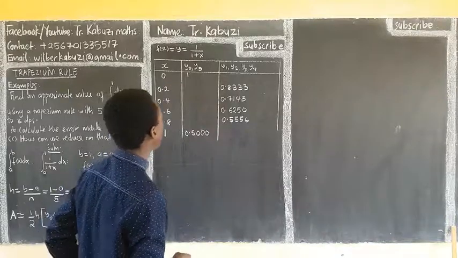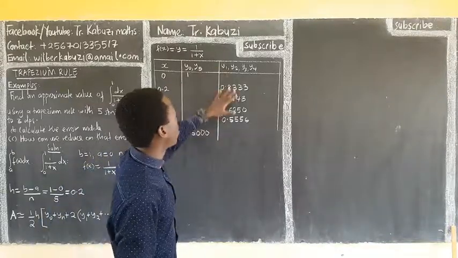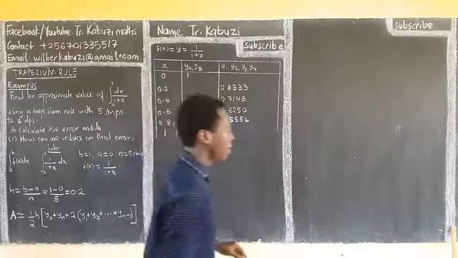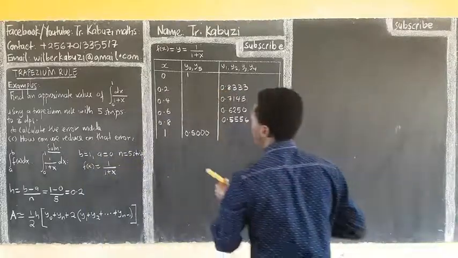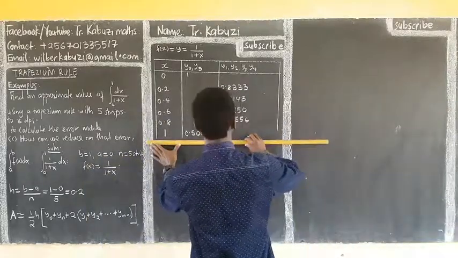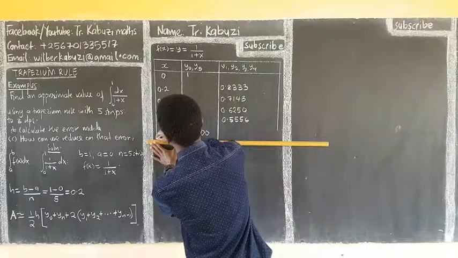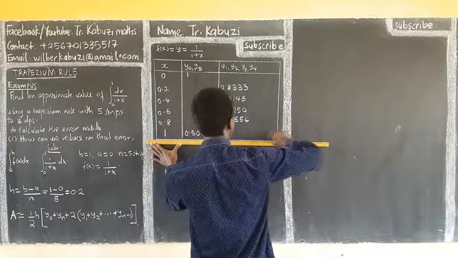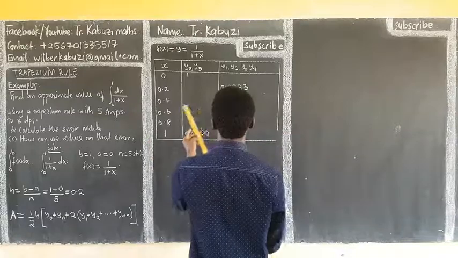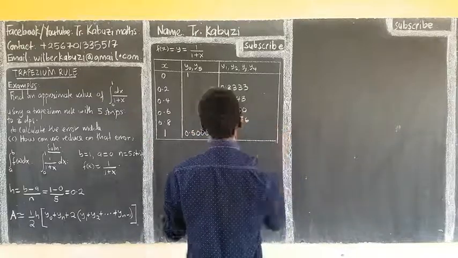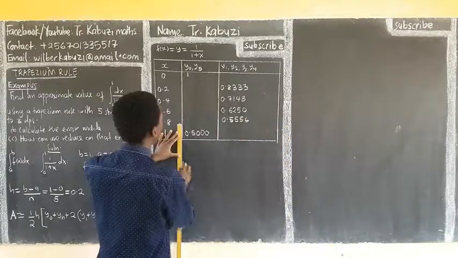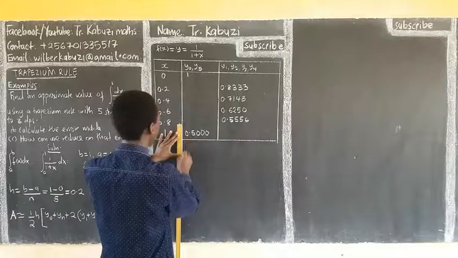So all we need now is to sum all these ones here. You get your ruler and then you cross the table. Then you put the sum here.